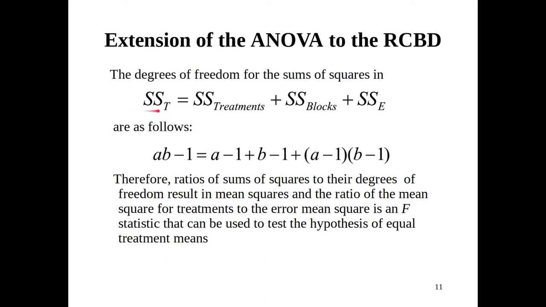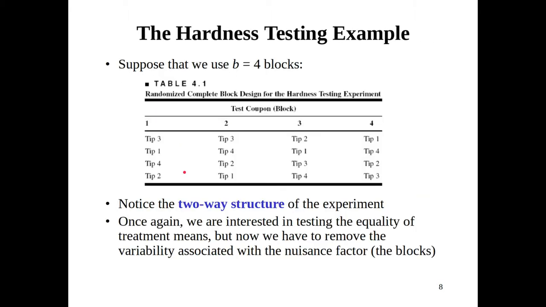So sum square total is ab minus 1. a times b, where a is factor level, b is block level. So basically the total number of experiments. If in this table we have four factor levels and four blocks, so we have 16 unique experiments.